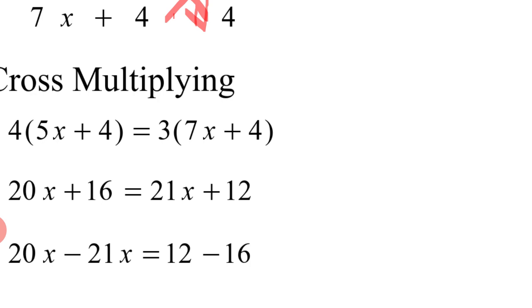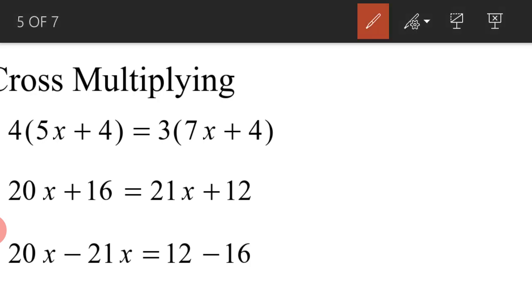Now when 21x is transposed to LHS, it will become 20x minus 21x, and here it will become 12 minus 16. Now here you are getting minus x is equal to minus 4. Is it okay? So we get this step.